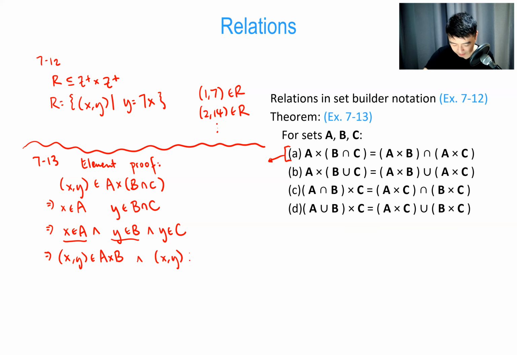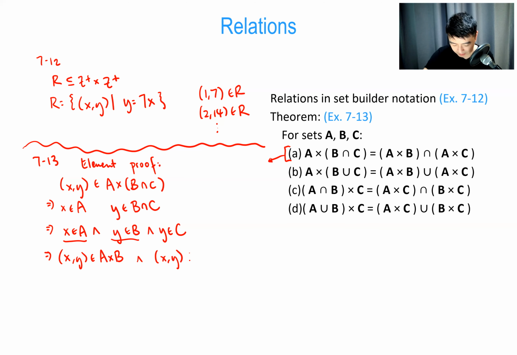All right. So again, I will leave parts B, C, and D for you to try. Use an element argument in the same way and see if you can prove all of the other theorems as well. Now, quick hint, if you're looking at part B, your first step is to say that xy is in A cross B union C, right?